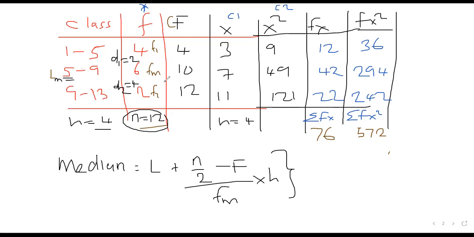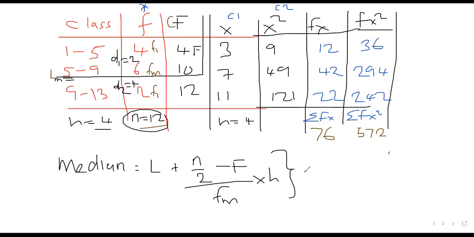So you go in the cumulative frequency, look for a number which is equal to 6 or exceeds 6. You put your invisible L there. So the number above this one is called your capital F. The number next to the 10 is called your Fm, and we have the lower bound there. So for people who can't master that, I just say use the same parameters we had. Fm is what we need. Then next to the F1, that's where the F is. Then the lower bound is simply the same.